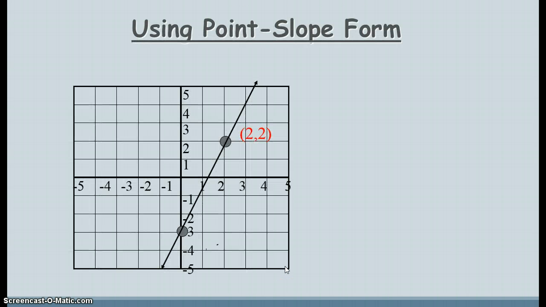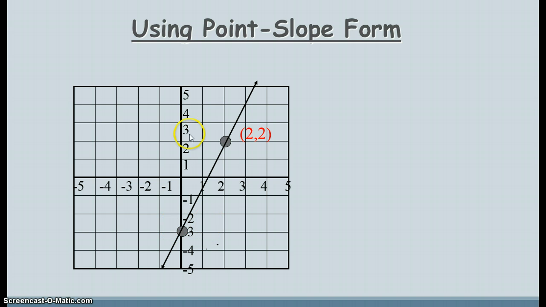Then, using the point slope form, we're going to graph and we're going to get the solution of this exercise. So we have here the points 2, 2, x1, y1, and we have the points 0, minus 3, which is x2, y2.